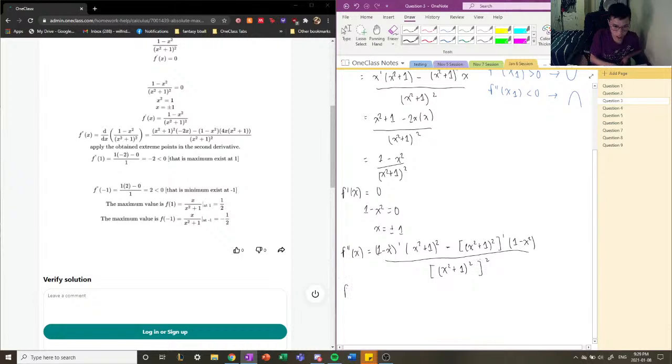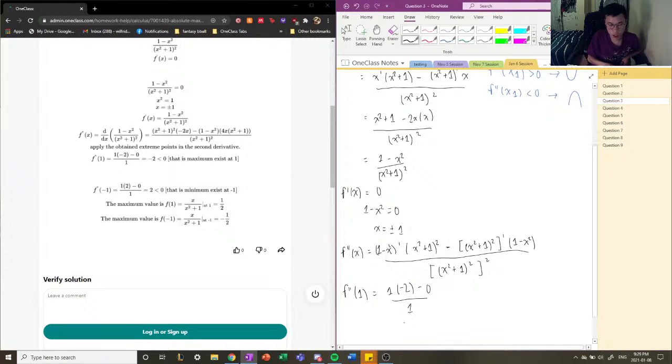So if we were to plug in our points as it is, this is what we get. If we plug in f double prime of 1, we get 1 times negative 2 minus 0. Let me just see if this is right. The derivative of this is negative 2x, so this is correct.